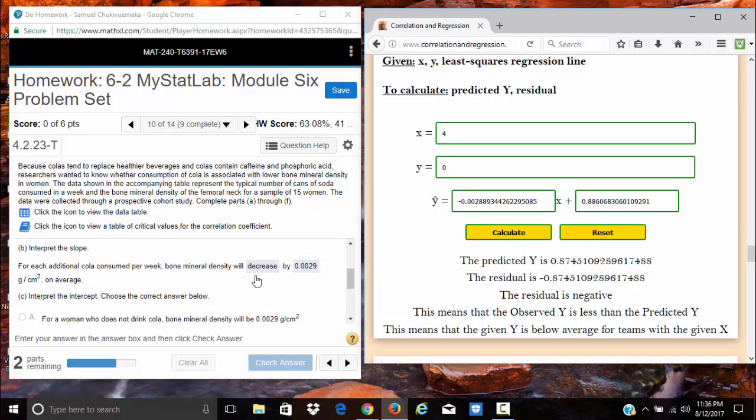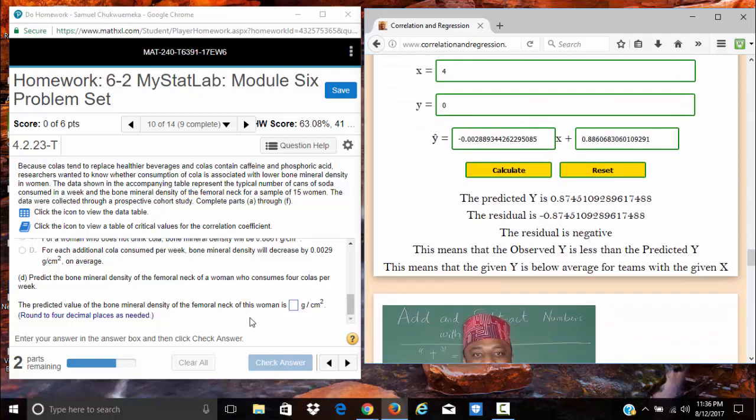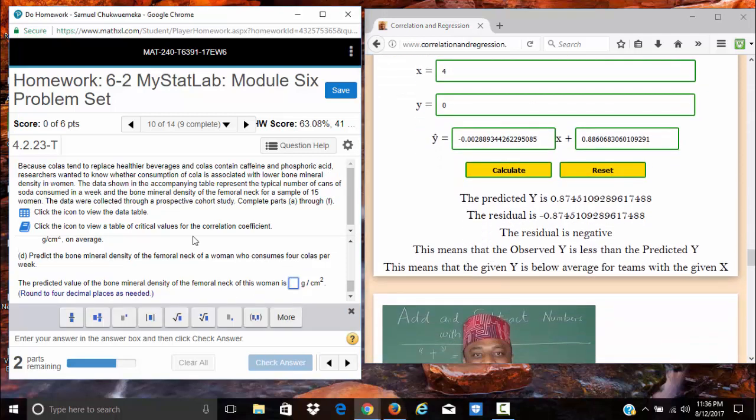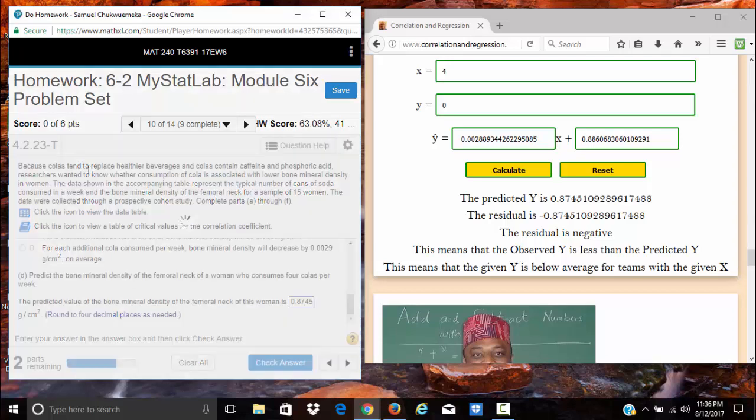Use the least squares regression line, multiply x by 4, and then you can get your predicted y. So here the predicted y to 4 decimal places will be 0.8745. Okay, that's it.